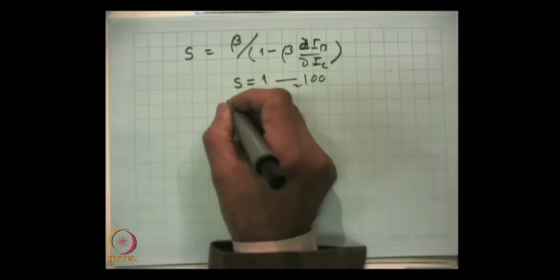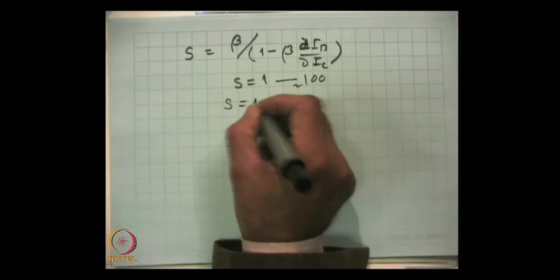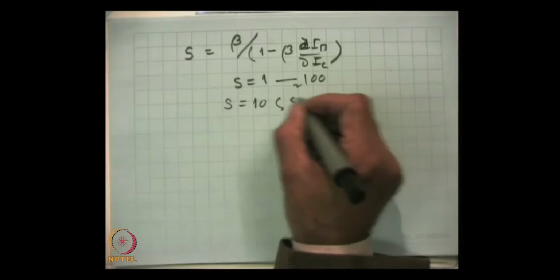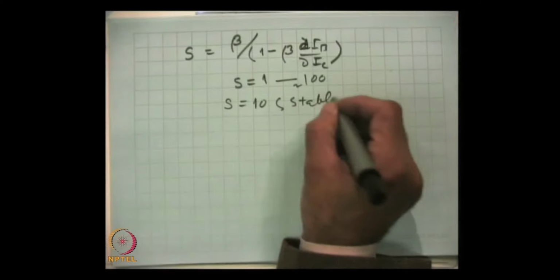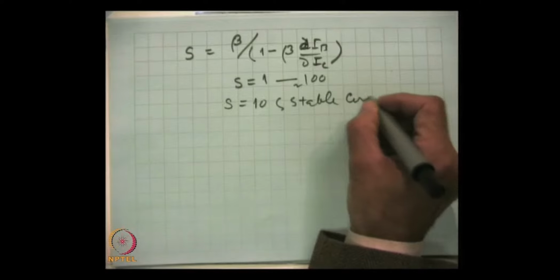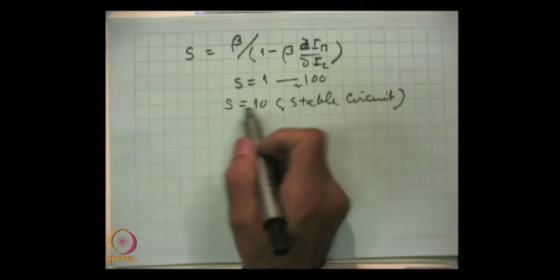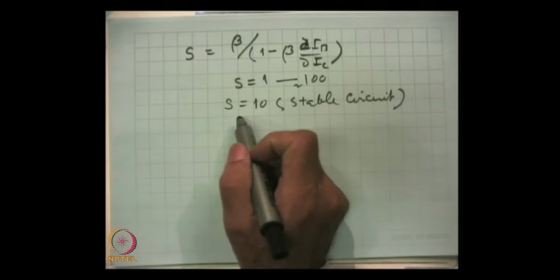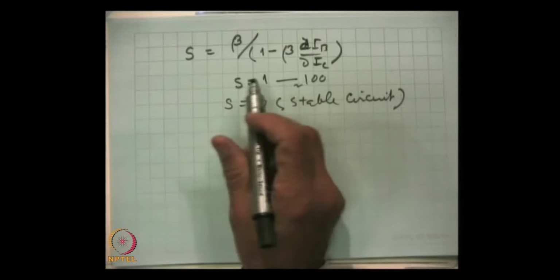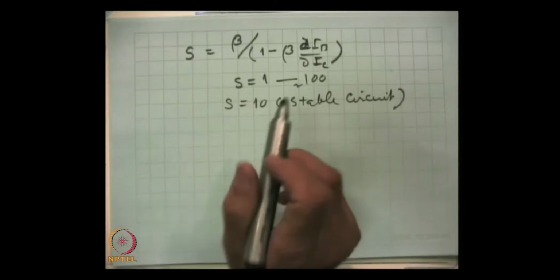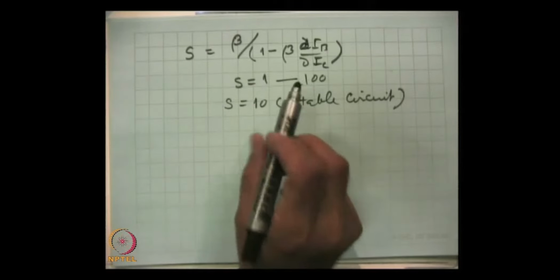So, a value of S around 10 is good, this is a stable circuit. And there will not be any significant change in characteristics if the parameters of the circuit vary, because of any of the causes mentioned above.